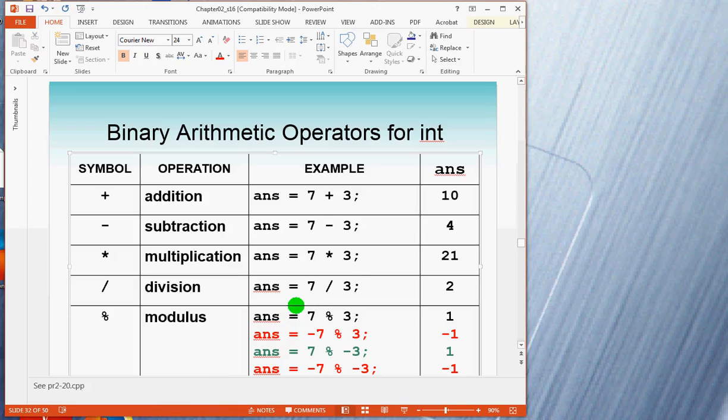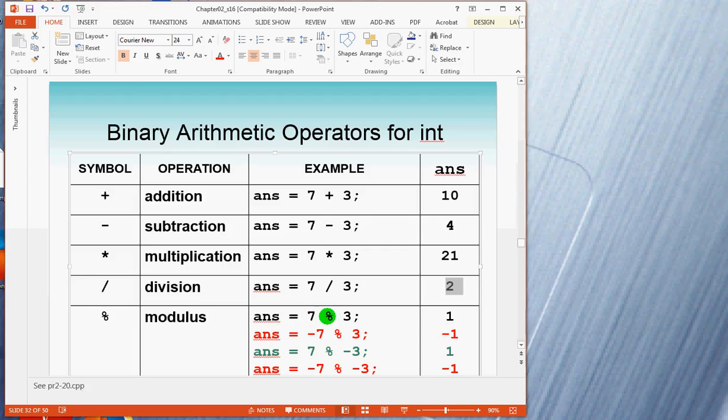So basically there are 2 operators related to division. One is division, and the answer that you get from division is the quotient, the 2. The other operation is called modulus, or remainder, and it tells you, when you do the division, I don't want the quotient, I want the part that we used to call the remainder.